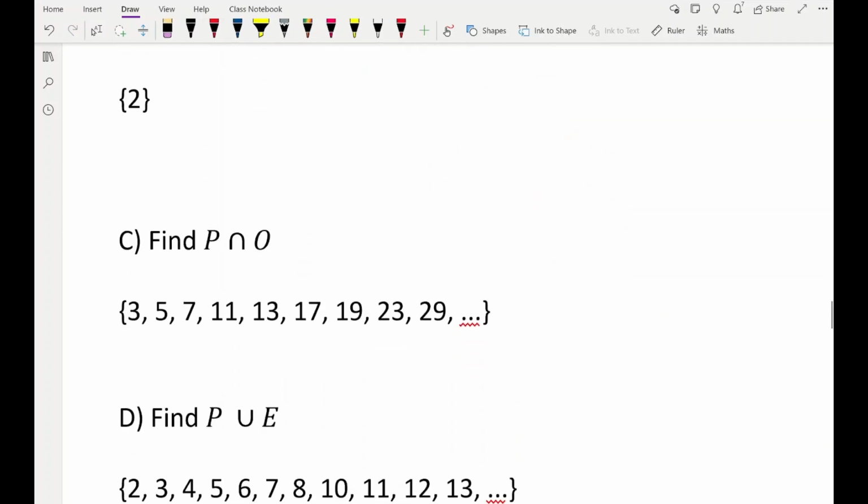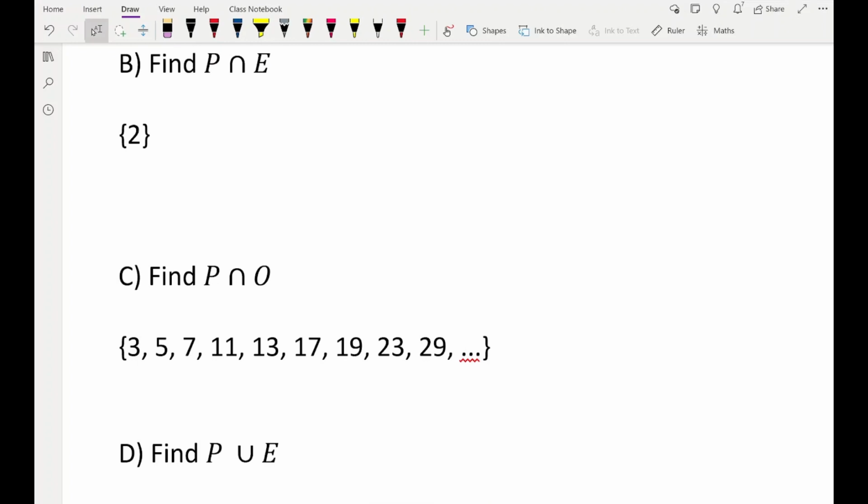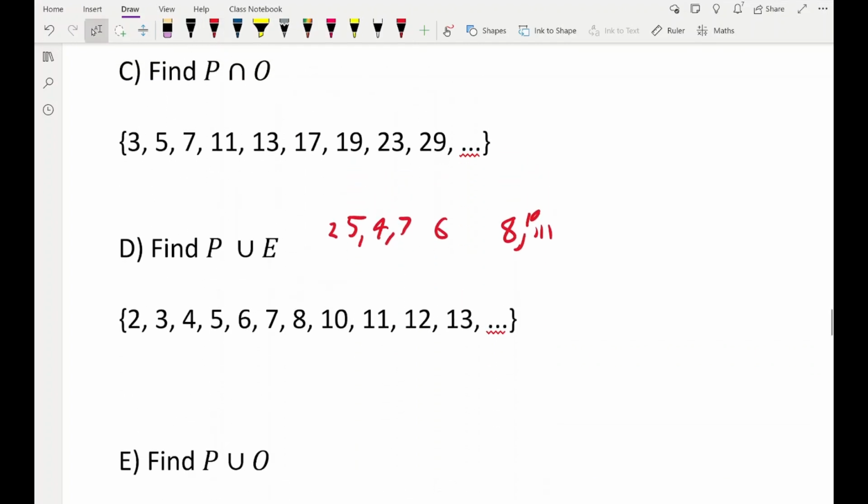Next one we're going to be looking at is primes union with the even numbers. So if we think about it, I'm going to get 2, 4, 6, 8, and then I'm going to add in any primes that I can have. So 5 is a prime, 7 is a prime, but I'm not going to have 9. I am going to have 11 and 13, etc. All right, so that's what that set would look like.